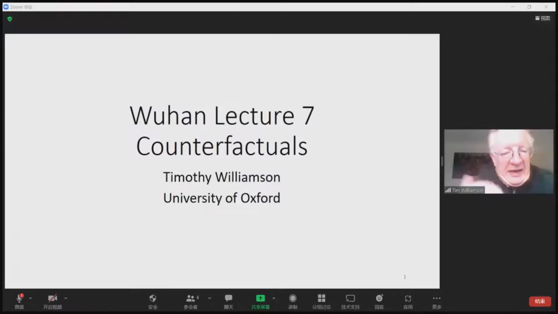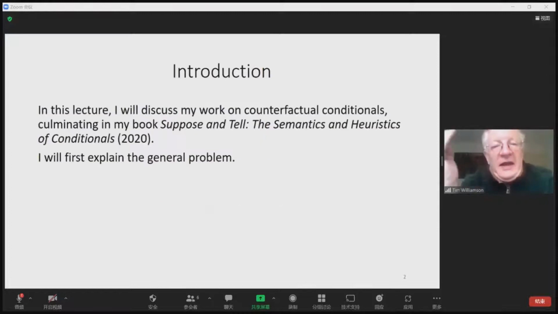And I'll start by explaining both the general problem that I was dealing with in my 2020 book, Suppose and Tell, Semantics and Heuristics of Conditionals, and I'll also explain some of my earlier work on conditionals. But I think that, by far the most important thing I've done on conditionals is this recent book.